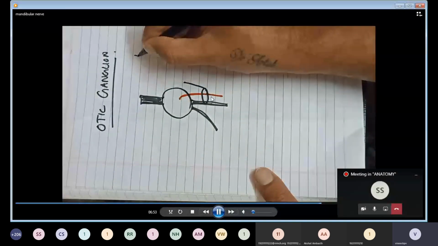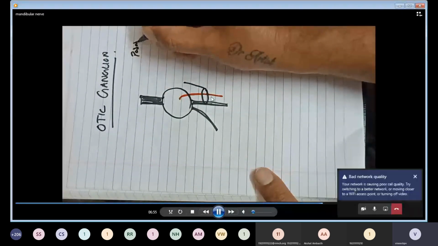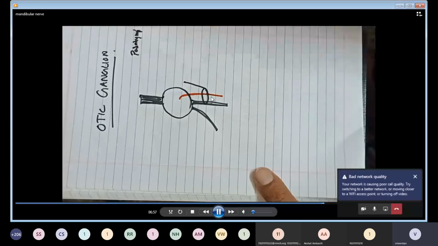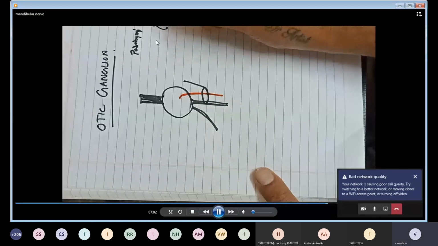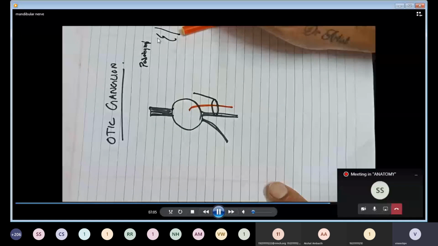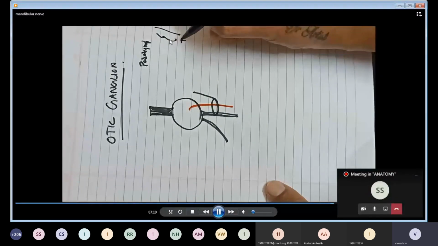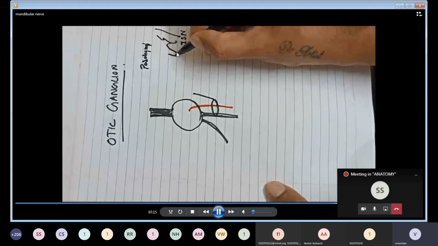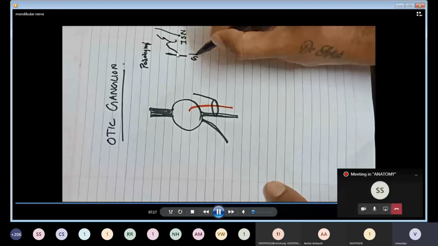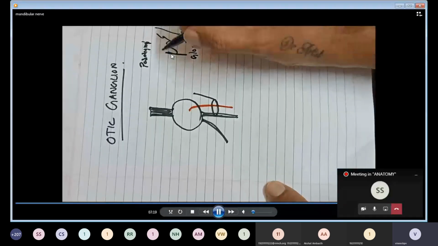First we'll see the parasympathetic root. It comes from the inferior salivatory nucleus, then passes through the glossopharyngeal nerve.